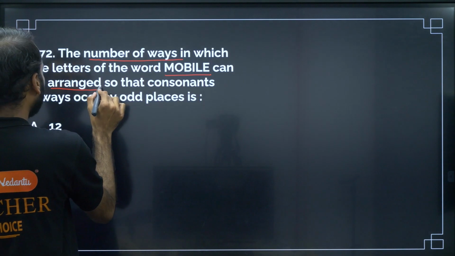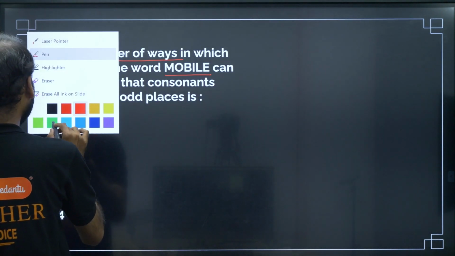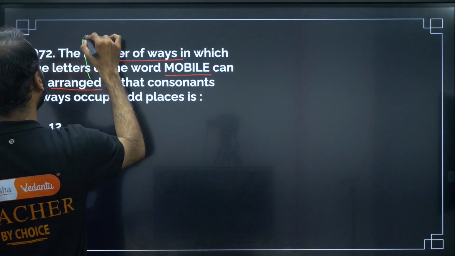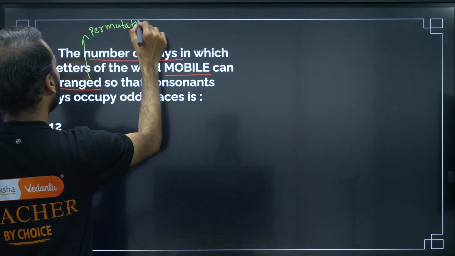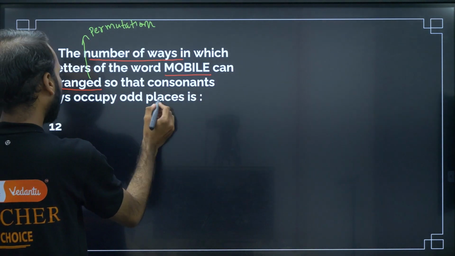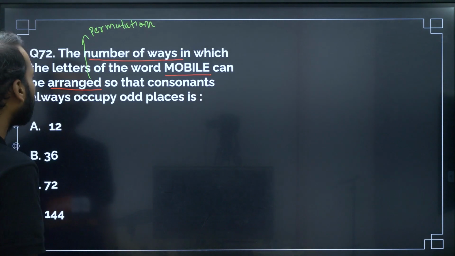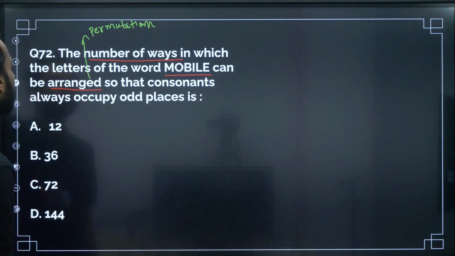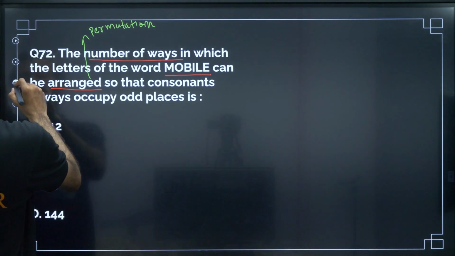Arranged means permutation. They are talking about permutation, so that consonants always occupy odd places.